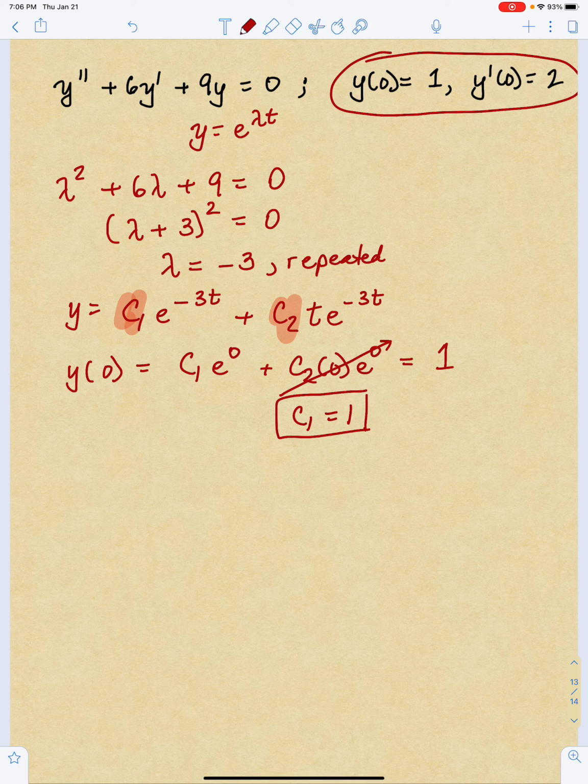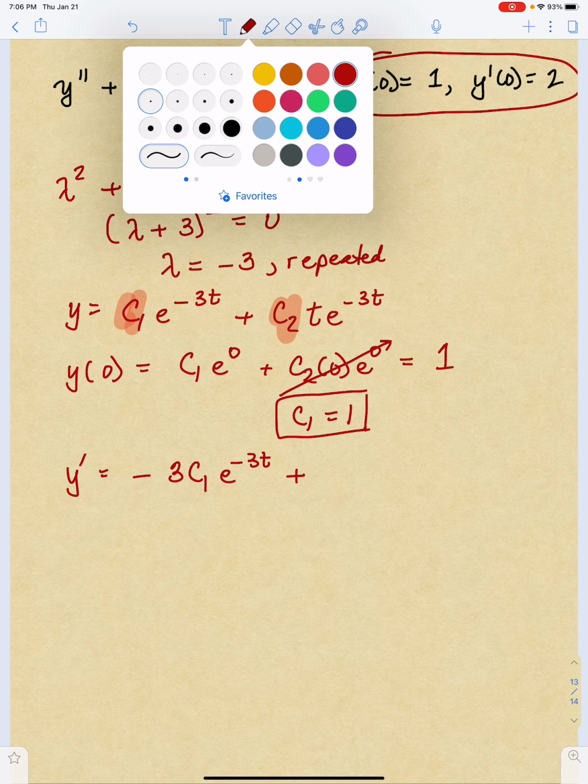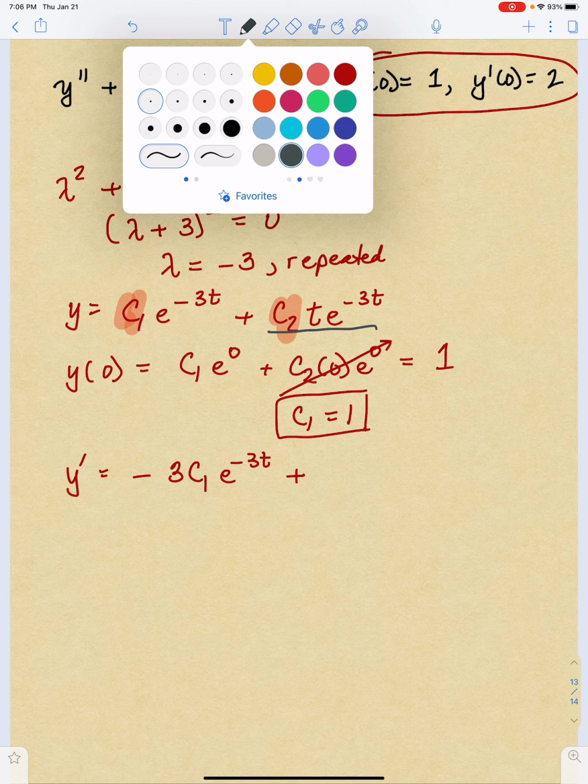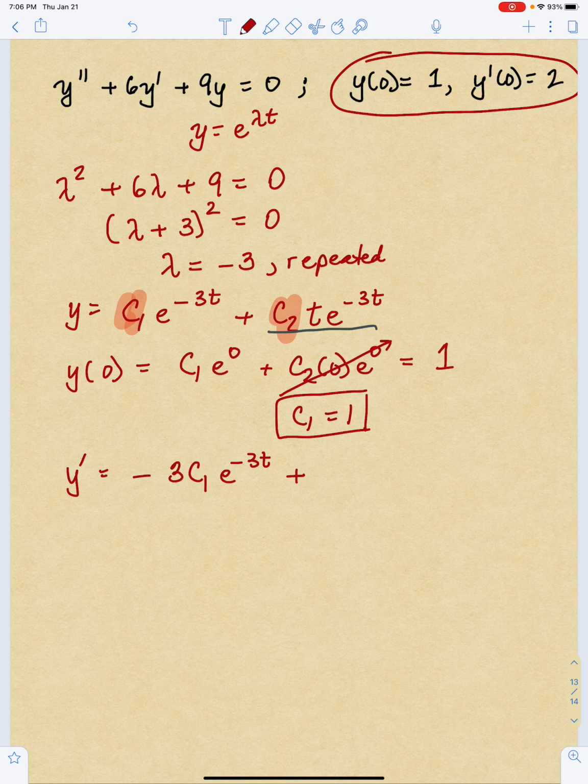For the other one, though, we have to take the derivative first, so we first need to know what y prime is. Now, I'm going to leave c1 in there, just so we can plug it in later, just to keep the placeholders going. So the derivative is -3 c1 e to the -3t plus, now this one is going to require a product rule because you have a t times e to the -3t.